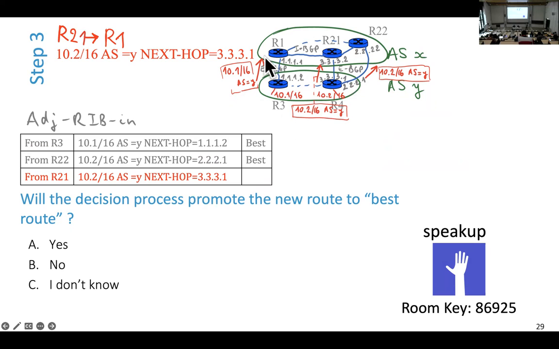Therefore, R1 through OSPF knows a path to these 2 guys, and therefore it can compute the cost of this path. This route goes through 2 links, so the cost is 2. The other goes through 3 links, the cost is 3. So the one that has the shortest path to the next hop is the second one.